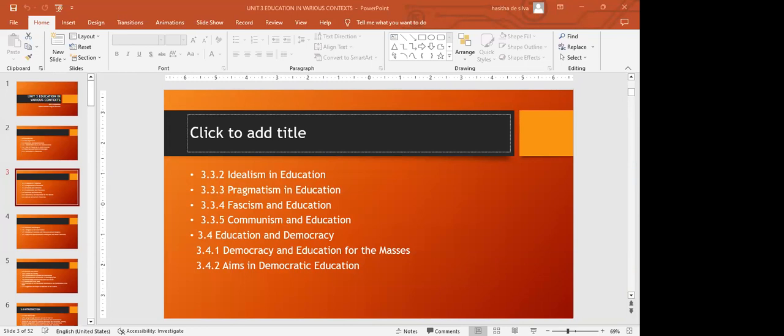Pragmatism is a philosophical approach that emphasizes the practical consequences and outcomes of beliefs, theories, and actions. What are the things the pragmatism approach emphasizes? Practical consequences, outcomes of beliefs, theories, and actions.